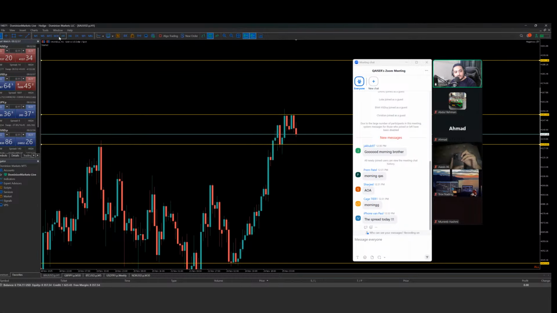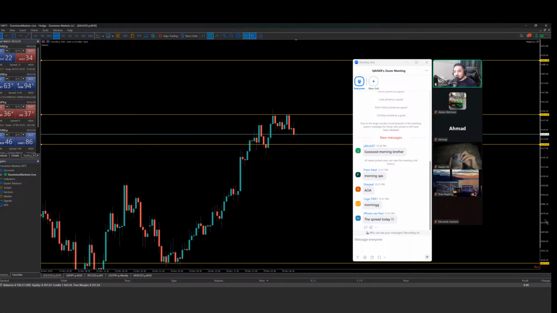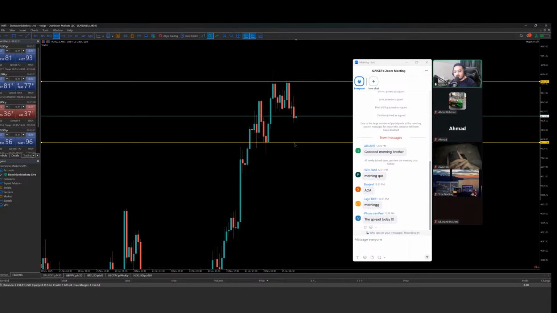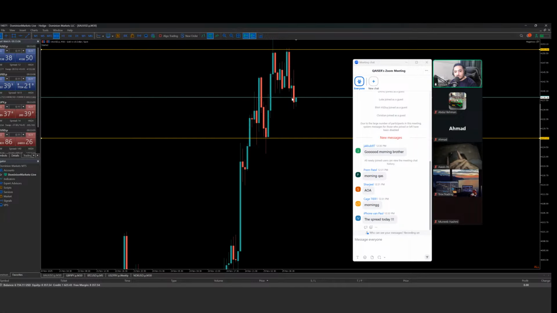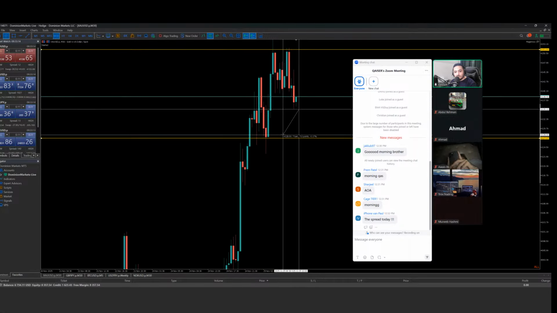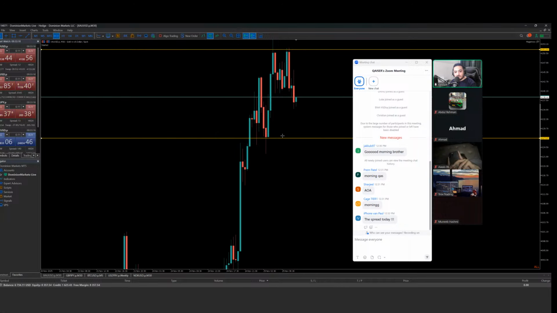From H1 to M30 you will see we are having a support. Look at this one. This M30 closed below the previous candle low and below this old rejection on the left-hand side.